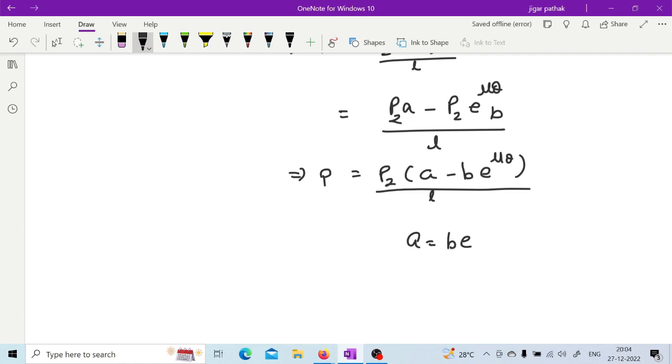So this A equal to B e raised to mu theta, or actually in order to avoid this particular condition, your A should be greater than this B e raised to mu theta. So if in case this A by B is less than or equal to e raised to mu theta, then self-locking is there. Is it correct?